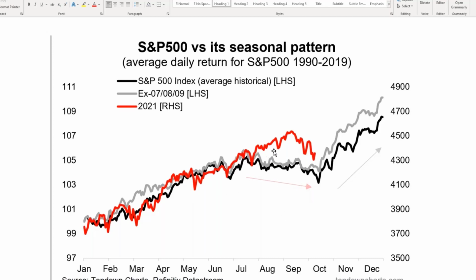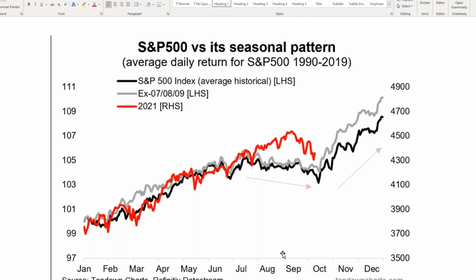And here the red line is the US 500, and you can see that we've been going down. We've got two lines here for the seasonality. We've got the average since 1990 till last year, and that's the average.